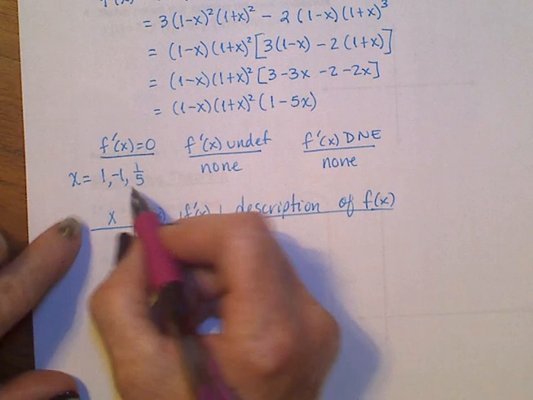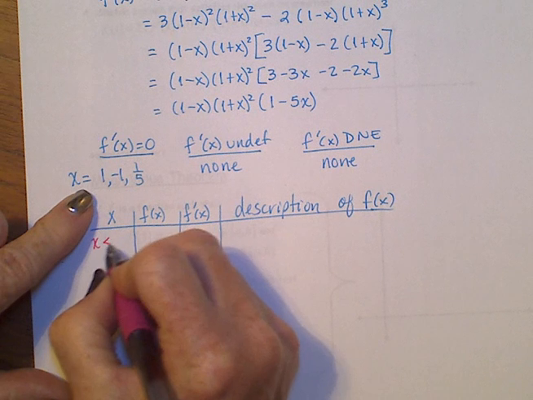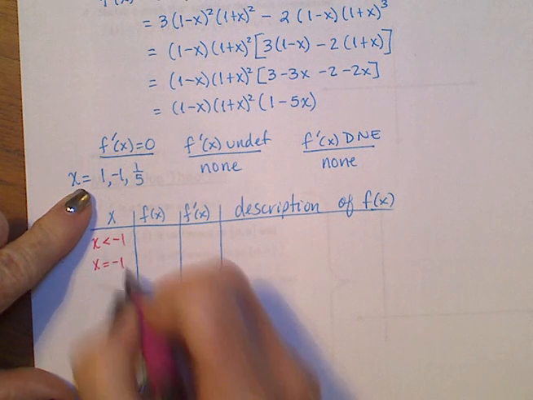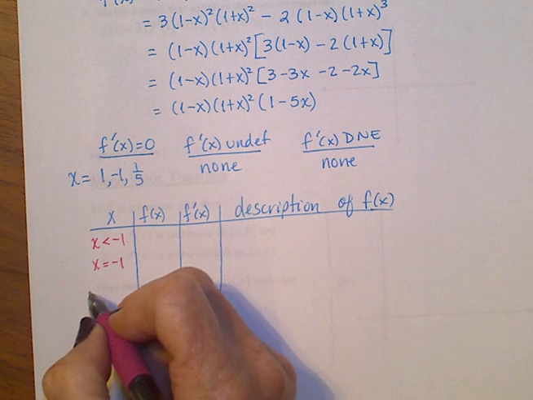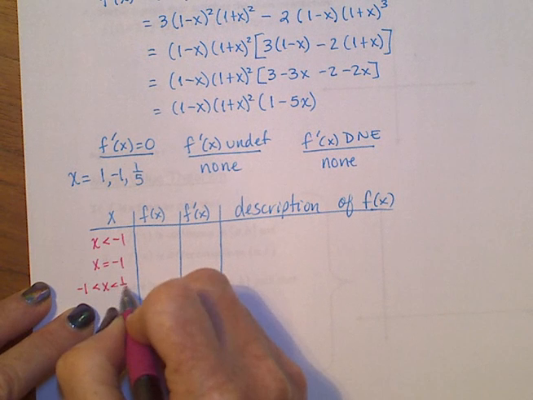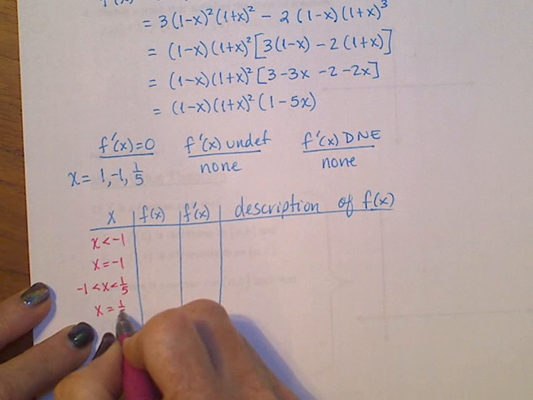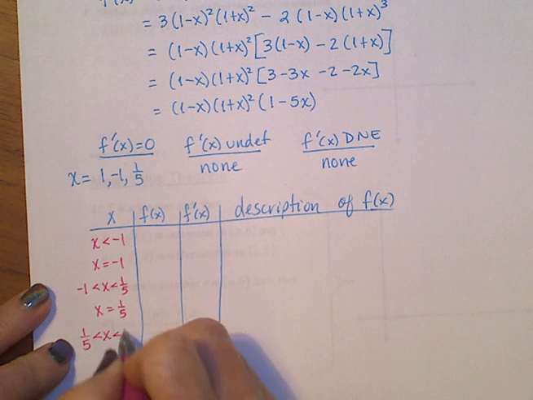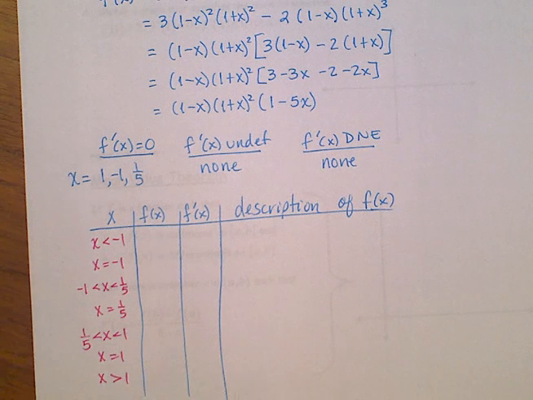We're going to use these values here to kind of divide up this interval in here. And their smallest critical number is -1. So we'll start at x less than -1. Then we'll look at x equals -1. The next critical number is 1/5. So we'll look between -1 and 1/5, at 1/5, between 1/5 and 1, at x equals 1, and also x greater than 1.